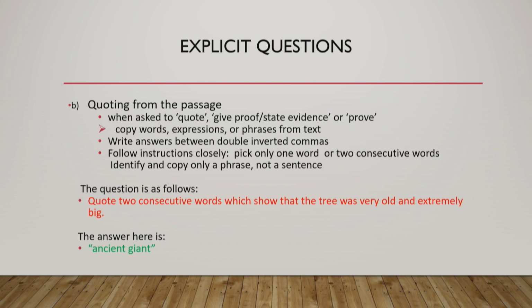The second type of explicit question is quoting from the passage. Whenever you are asked to quote, give proof, state evidence, or prove, it means that you should copy either words, expressions, or phrases from the text. Your answers should be written between double inverted commas since you are lifting from the text.